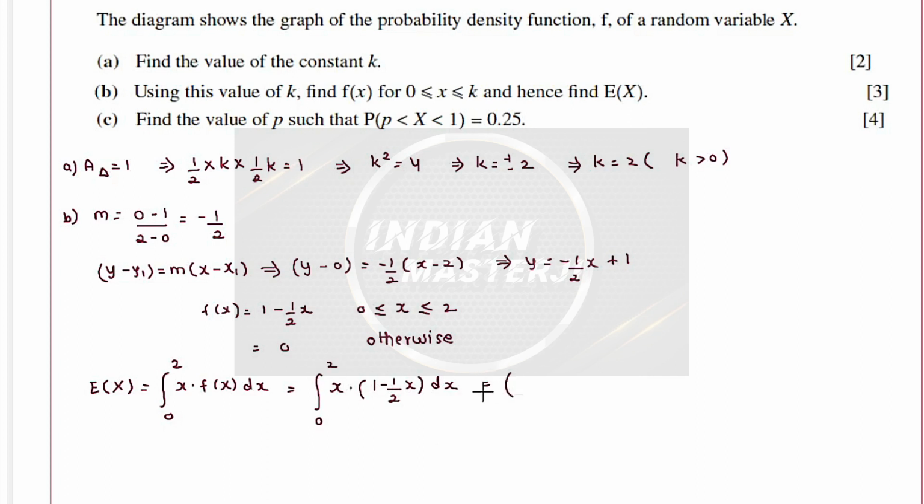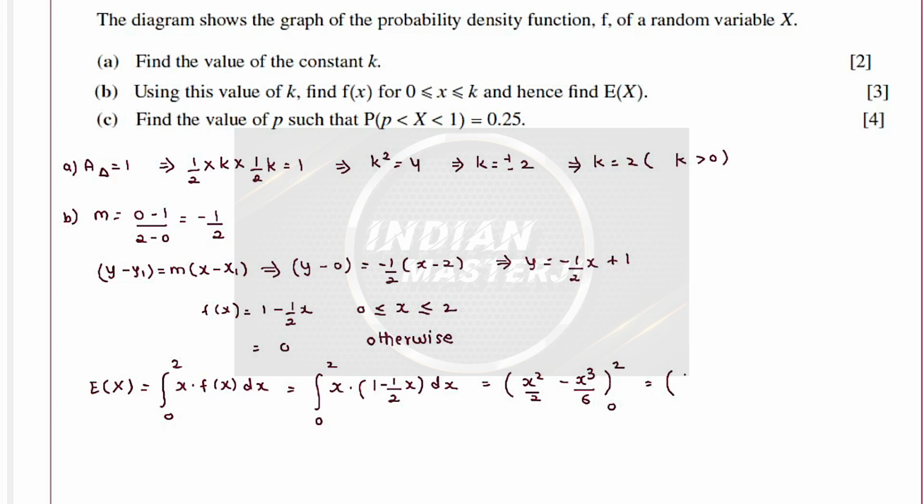So what do I get this as? Integration of x dx will be x square by 2, minus half times the integration of x square with respect to x, which will be x cube by 6, and the limits will be from 0 to 2. So if I substitute this limit, what do I get?